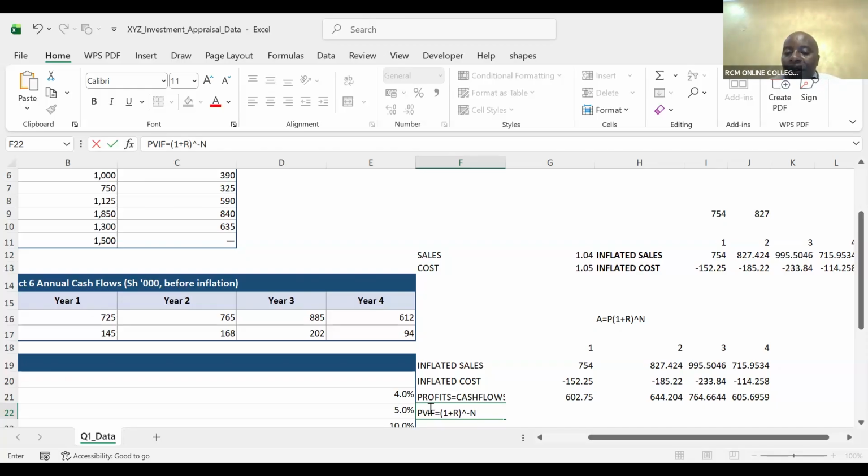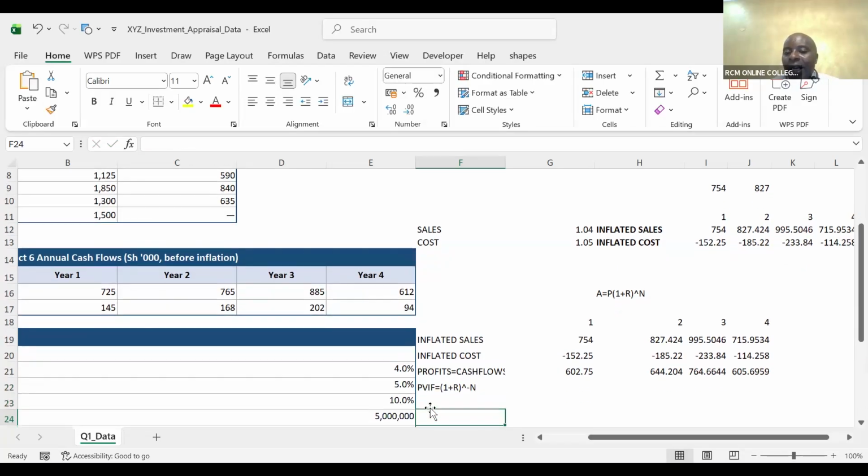Remember, the very best always do the 1 plus R separately. So we have here our 1 plus R. Remember, our cost of capital has been provided to us.